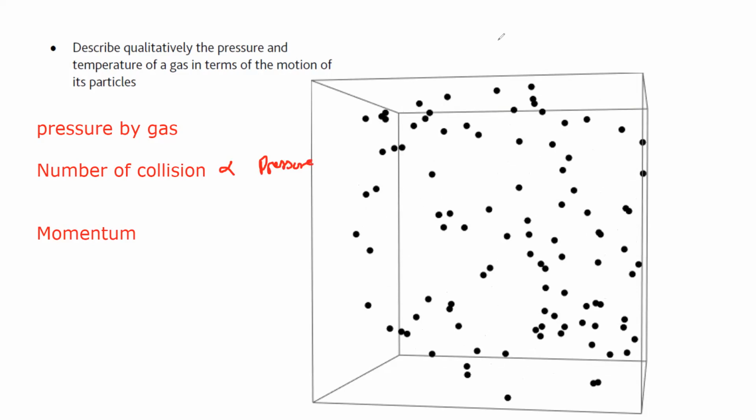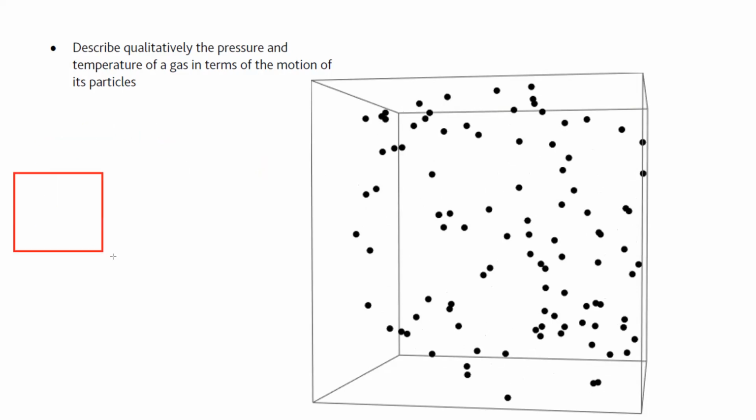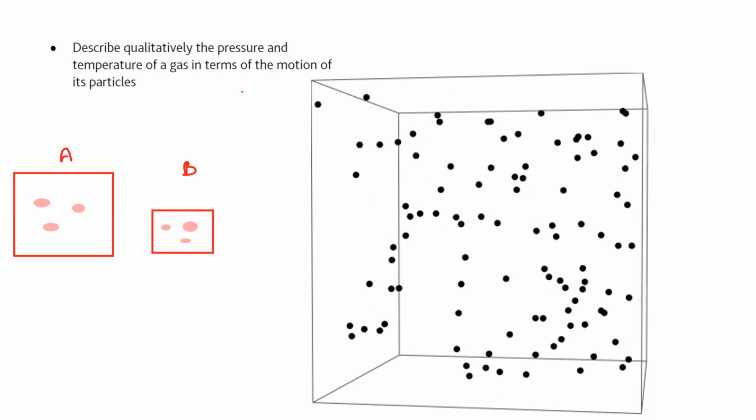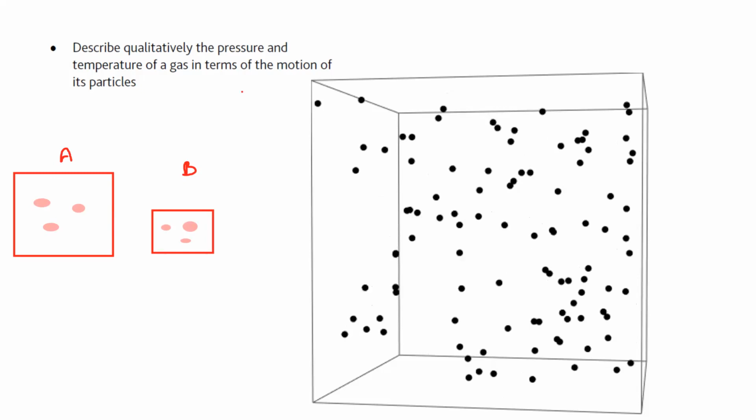Example, we have two containers of different size filled with an equal number of particles. Which container do you think will have the high pressure, A or B?